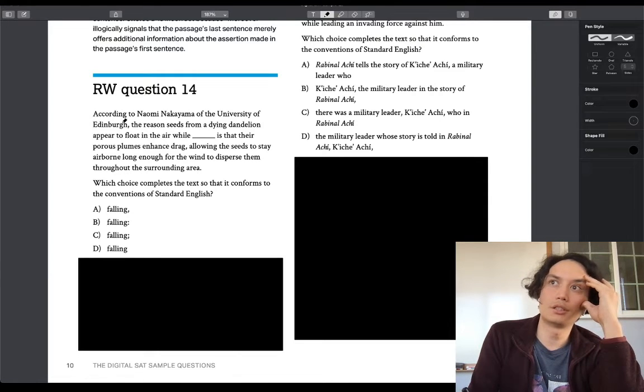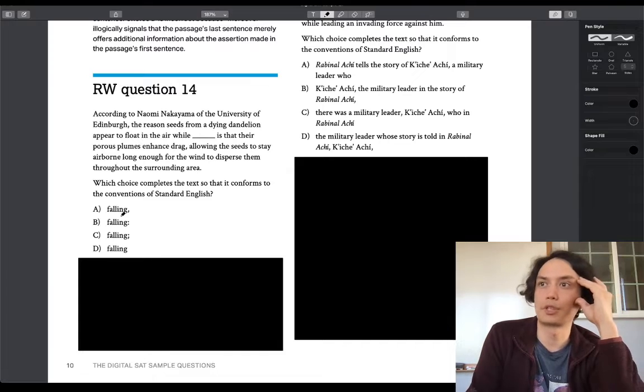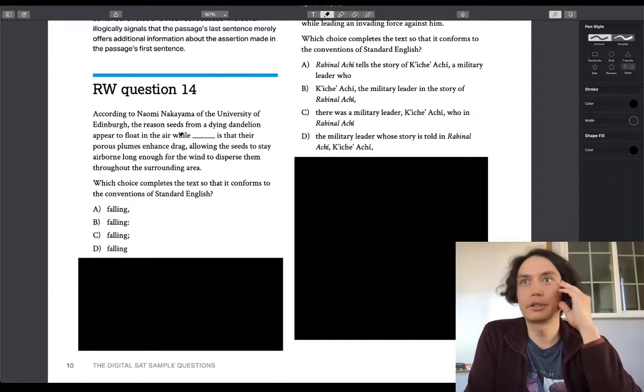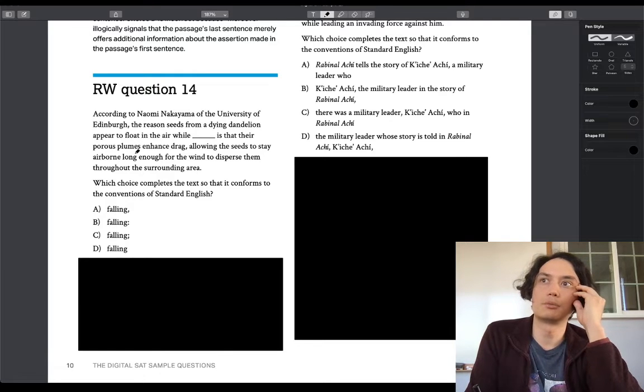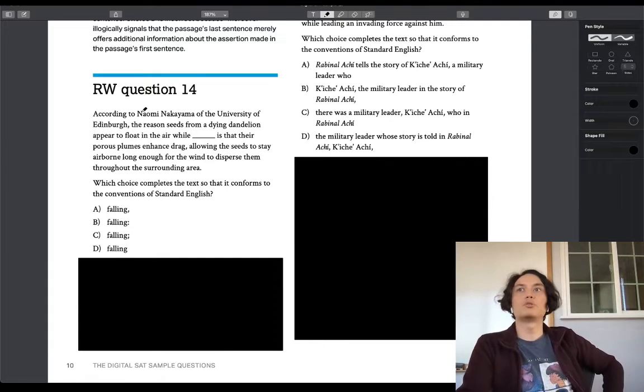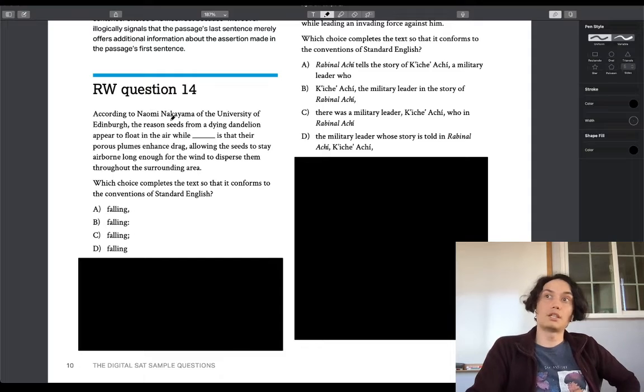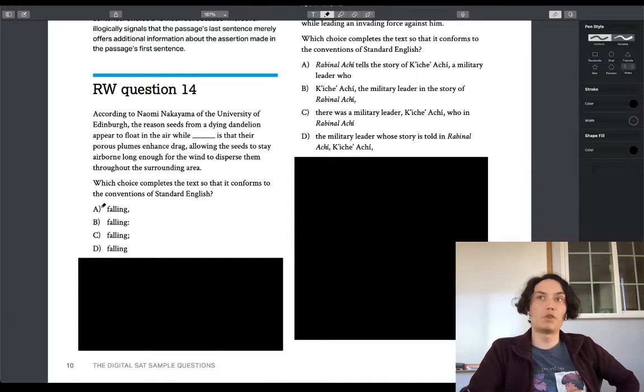According to this person of the University of Edinburgh, the reason seeds from a dying dandelion appear to float in the air while falling is that their porous plumes enhance drag, allowing the seeds to stay airborne long enough for the wind to disperse them throughout the surrounding area. So the reason they appear to float in the air while falling is that their porous plumes enhance drag.